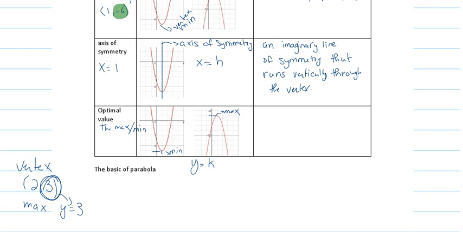Okay? So once you find your vertex, you can tell what your axis of symmetry is because that's the x value of it. And you can tell what your optimal value is because it's the y value. So the vertex tells me two different things, the axis of symmetry and the optimal value. Are we okay with that?